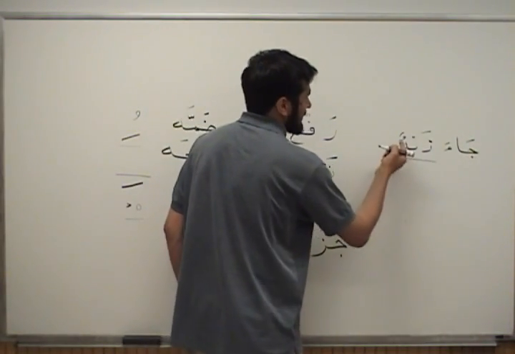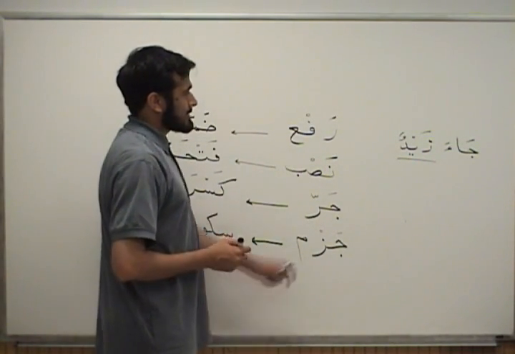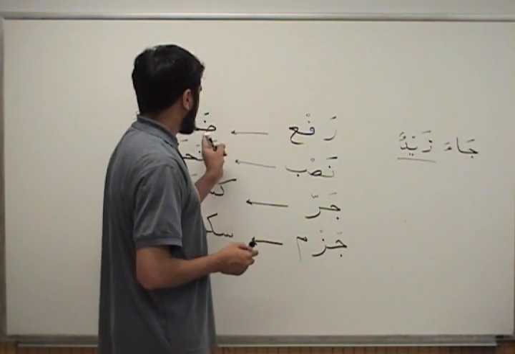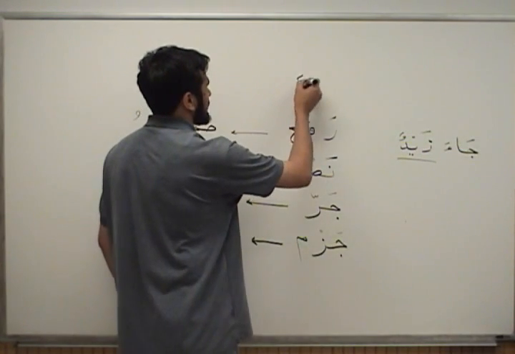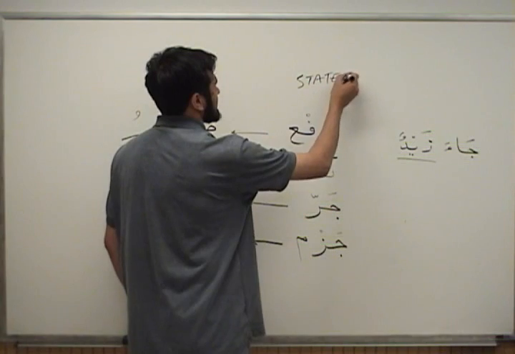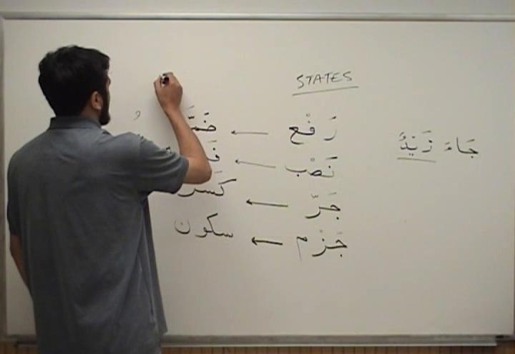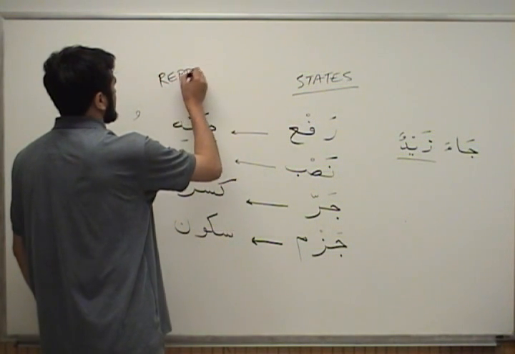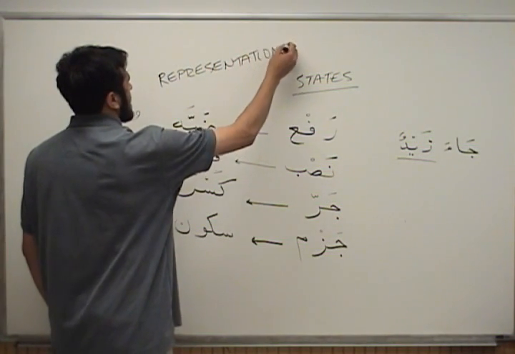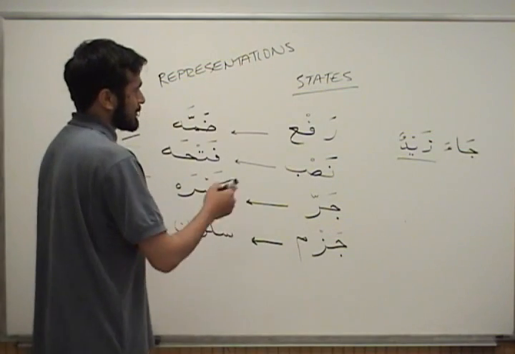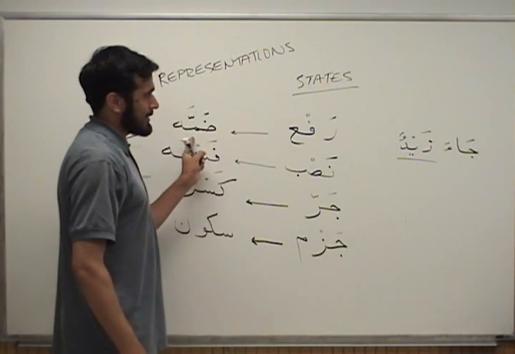So over here in Zaydun, the two Dhammas at the end show that Zaydun has a state of Raf'a. So these are states, and these are representations of those states. Zaydun has a state Raf'a, and it is represented by a Dhamma.